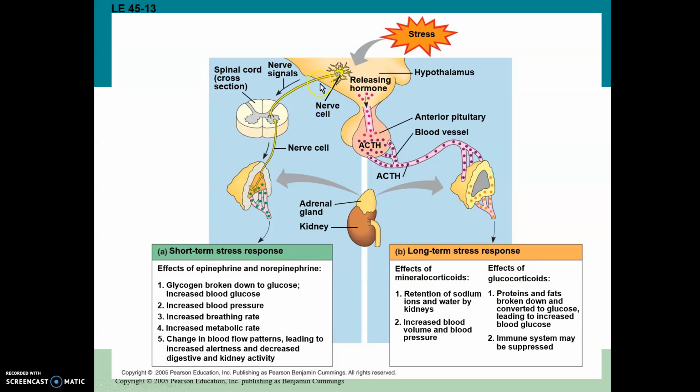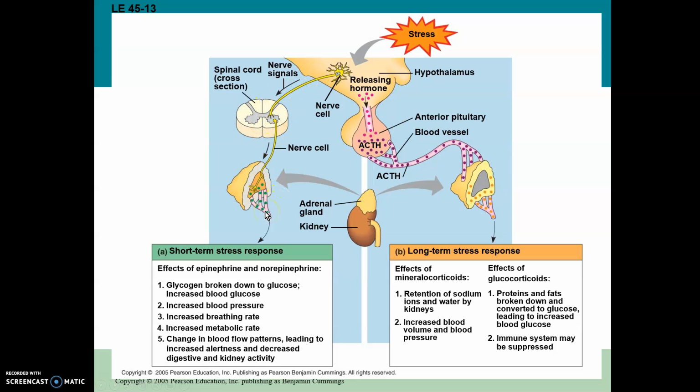So in the short term, whatever the stress, I'm being chased by a lion, there's a pop quiz, you receive some kind of signal in your brain. In the hypothalamus, you have a nerve signal that travels along a nerve to your spine all the way down into your adrenal glands. Now, this is just a neuron pathway.